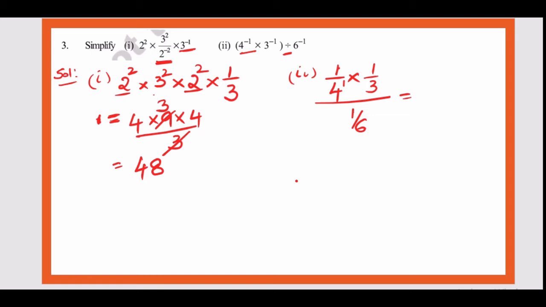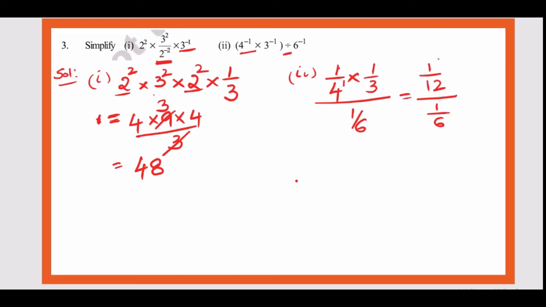Now let us see this. Whenever you have two fractions in a fraction, first of all multiply the numerator. So 1 by 4 threes are 12, divided by 1 by 6.